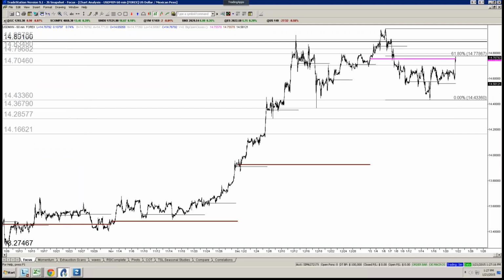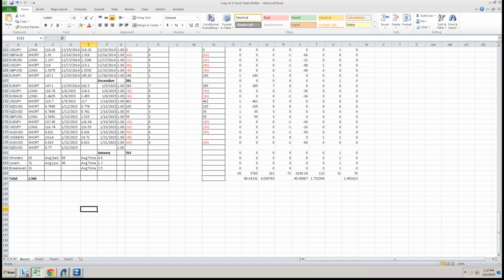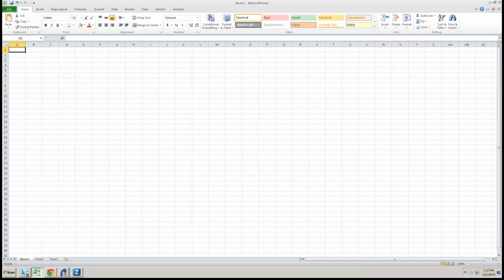Pip cost, Stefan, is how much a pip is worth. So what I'll do is I'll pull up a spreadsheet. Okay, so here's how you would determine that. Let's say that your account is based in U.S. dollars.